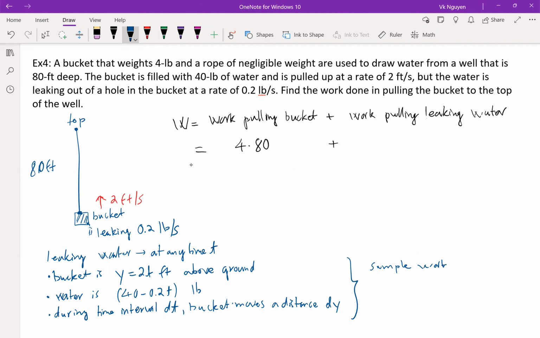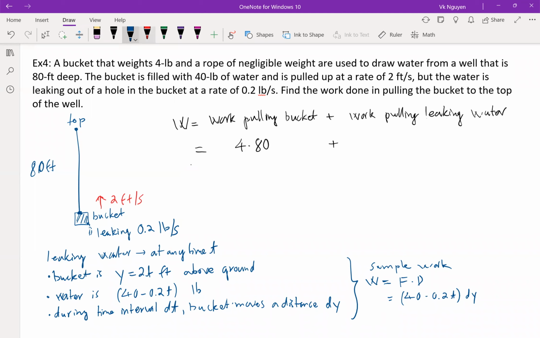Example work would be work is force times distance. The force here is going to be the weight, so that is 40 minus 0.2t, and the distance is dy, because during the time interval dt, the bucket moves a distance of dy.